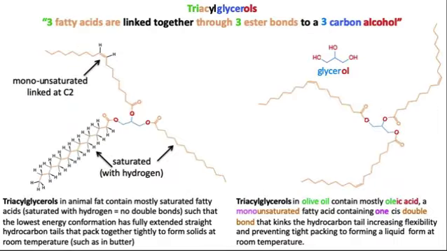Here I'm reminding you of what I described in part 1, that completely saturated means completely saturated with hydrogen, and the tendency is for these long fatty acid chains to be mostly linear.